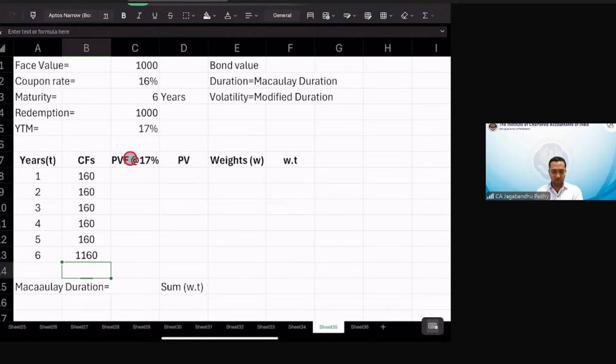So complete this table, guys, because for me it's easy. I just need to drag the things, but I want you to solve this question. Take the present value factors, multiply it with PV, calculate the weights up to maybe 2 or 3 decimals, do the weights into T, and then give me the Macaulay duration numbers.